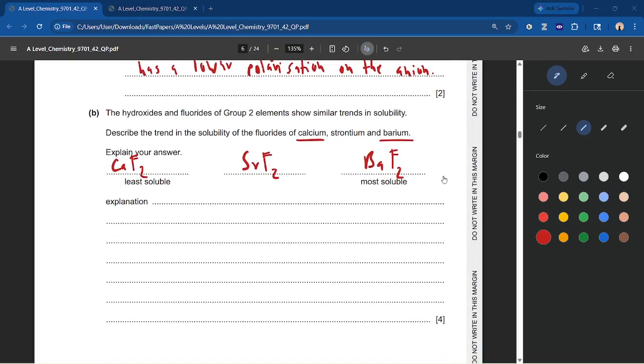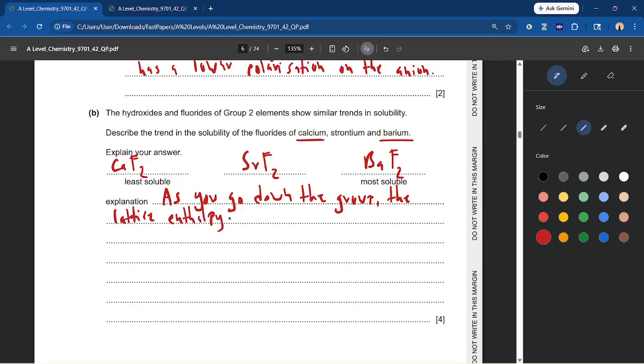So in the same way, as the size of your metal cation increases, your lattice enthalpy and the hydration enthalpy, they're both decreasing. So let's first mention that. As you go down the group, the lattice enthalpy and the hydration enthalpy become less exothermic.